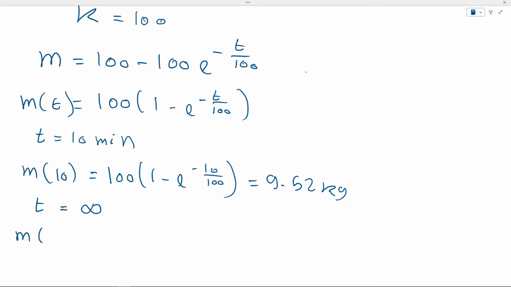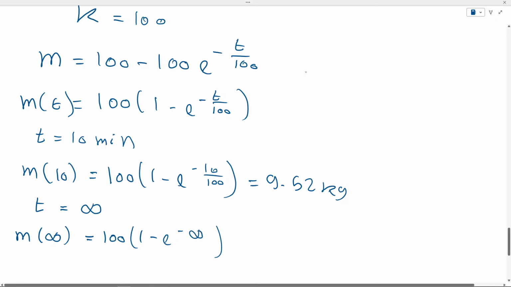So m of infinity is equal to 100 times 1 minus e to the power negative infinity over 100. Infinity over anything is like infinity, so negative infinity basically. So what is e to the power negative infinity? E to the power negative infinity is zero.